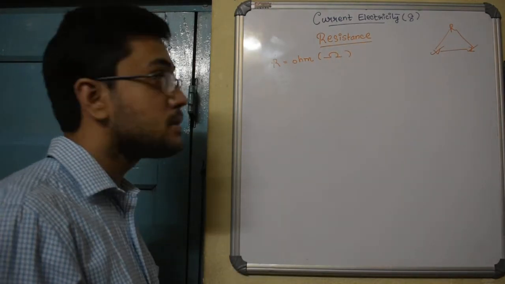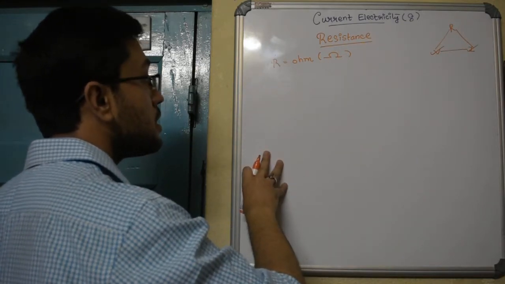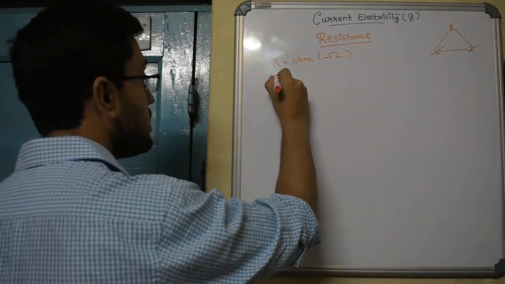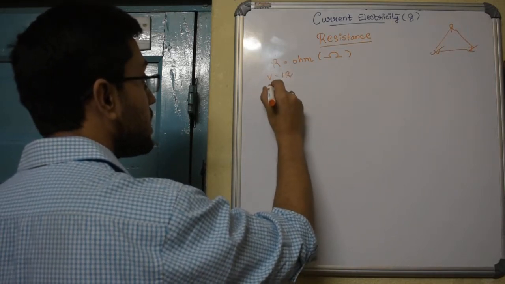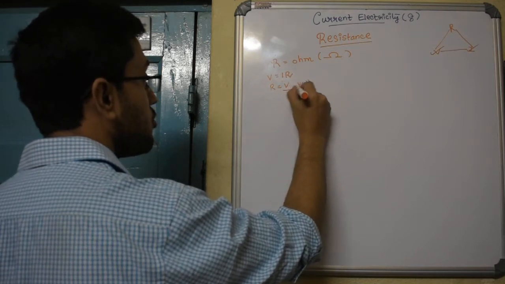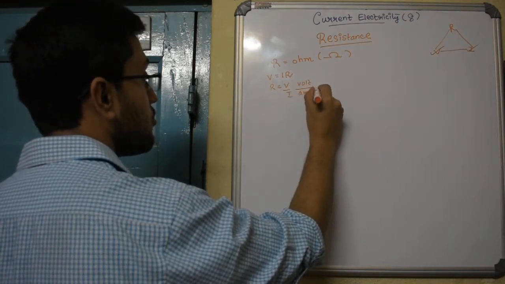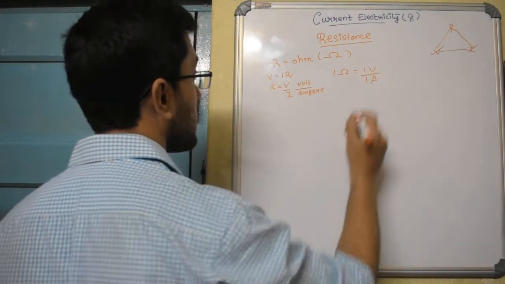There's a formula which you will learn from Ohm's law, that V is equal to IR, from where you will see that resistance is V divided by I, which is volt per ampere. Therefore 1 ohm is equal to 1 volt divided by 1 ampere.